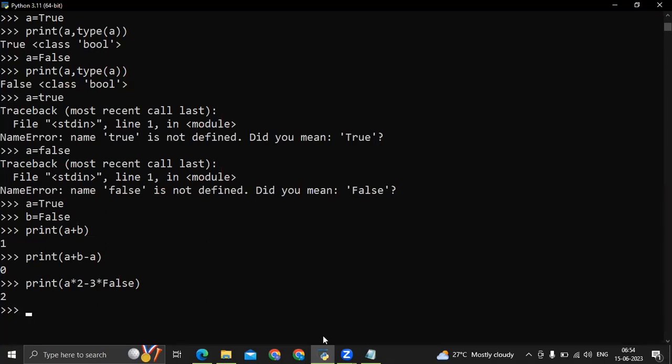Okay. Now let's take A is equal to true, B is equal to false.